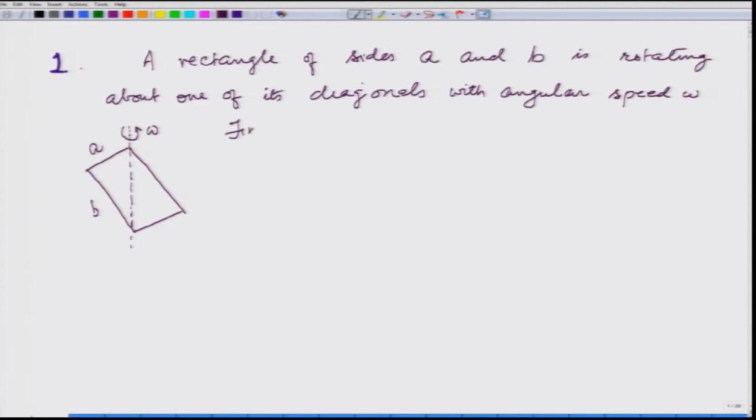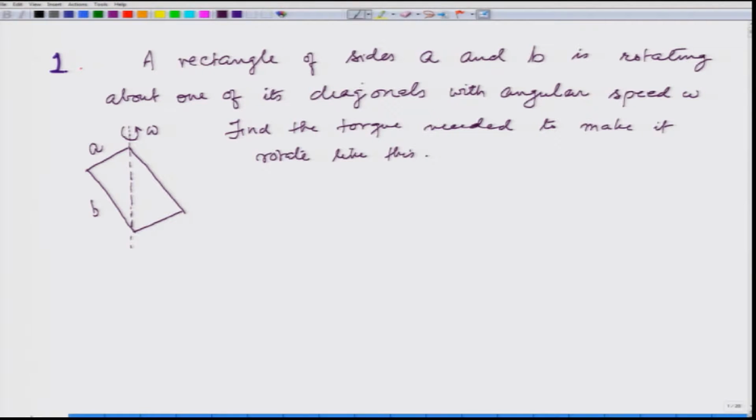Find the torque needed to make it rotate like this. Okay.